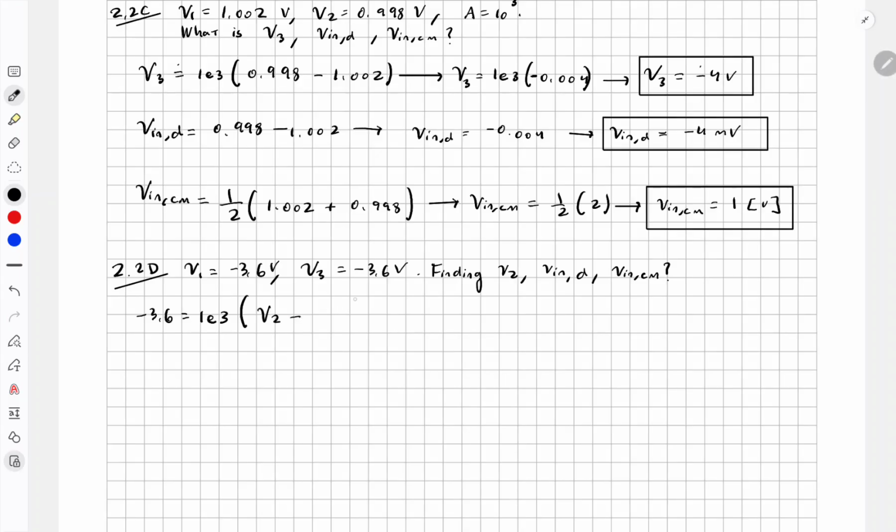V2 minus, which we're trying to find, minus V1, divided by 1000 is equal to V2 plus 3.6. So V2 is equal to negative 3.6 divided by 1000, minus 3.6.